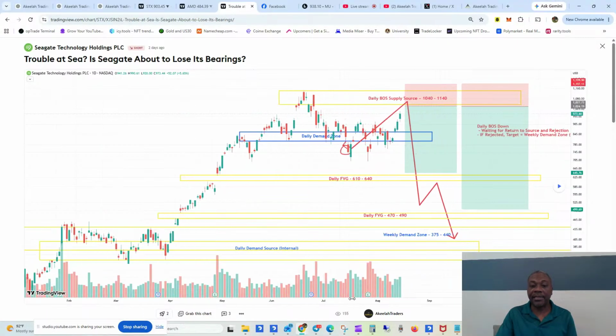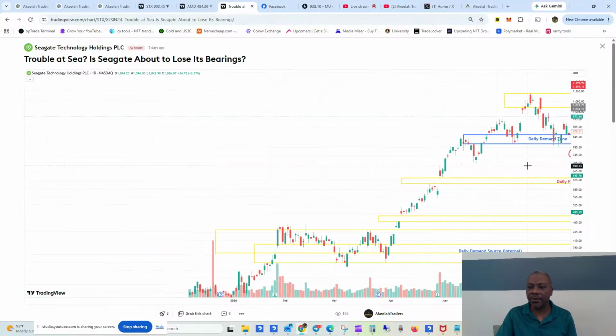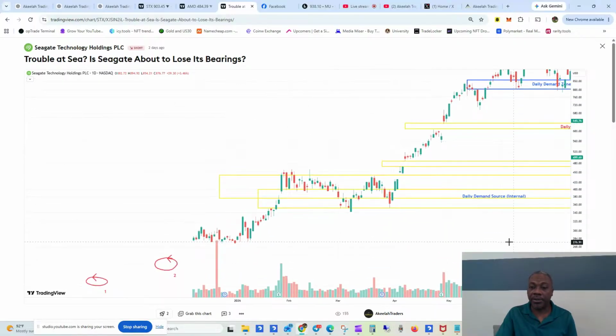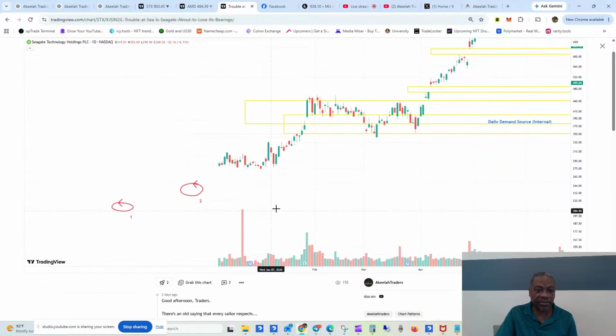So when I look at the daily here on Seagate, with this same process we've been talking about, Seagate was healthy, and I would even dare say beyond healthy. This thing had just pumped and pumped for a long time. Seagate is coming back from earlier this year, even going into the end of last year.